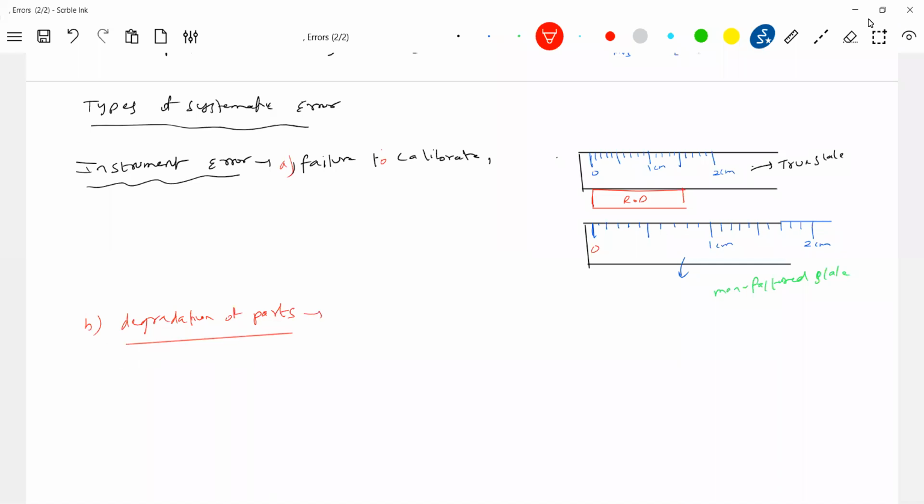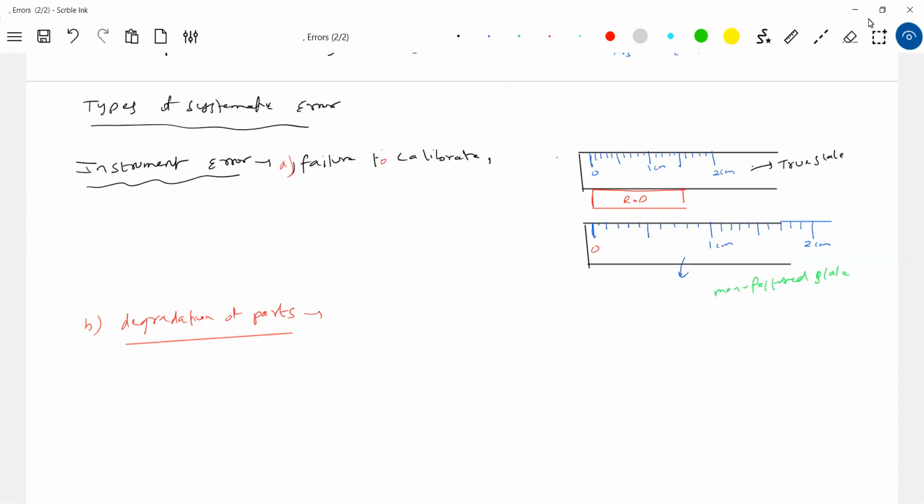Degradation means the markings will not be visible. Suppose you take the geometry box scale; when you use it for 1-2 years, the markings get vanished. That is nothing but failure to calibrate or degradation of parts.